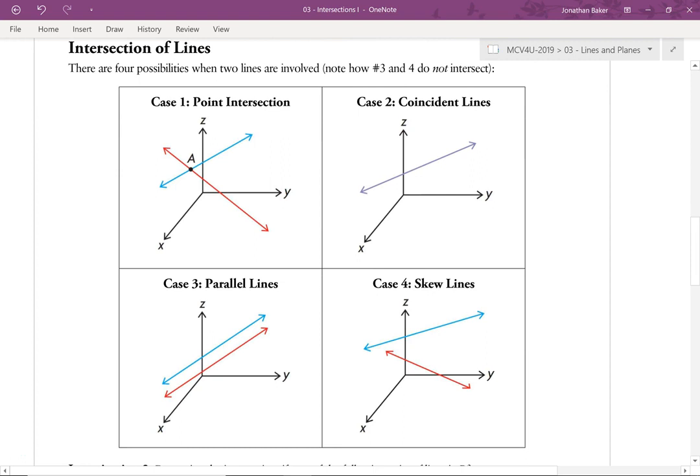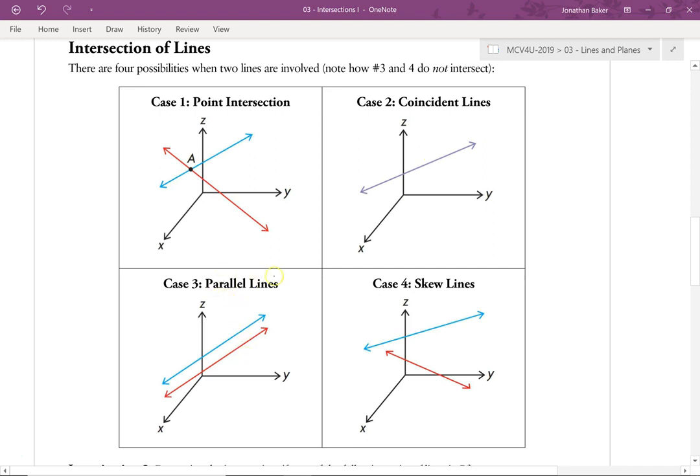So when you have two lines in 3 space, really there are 4 options. You can have a point intersection where they connect at some random point A. You can have the case where they're both the same line, coincident lines. Remember, lines in 3 space can have different vector equations but refer to the same line.